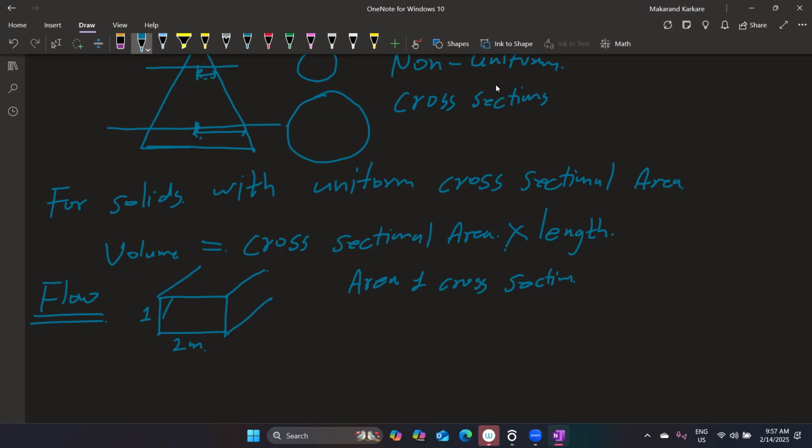Area of cross section is simply going to be 1 into 2, which is 2 square meters. So far, so good.